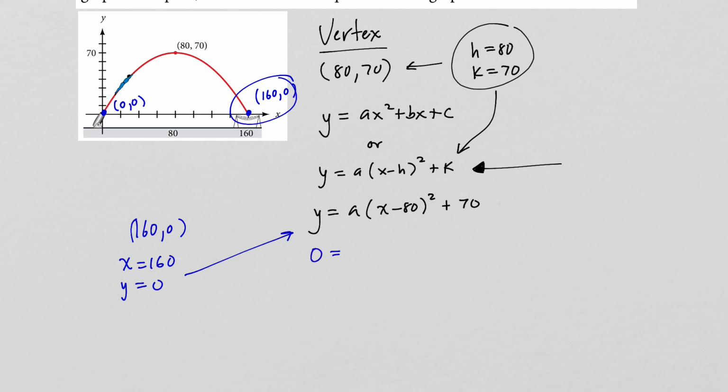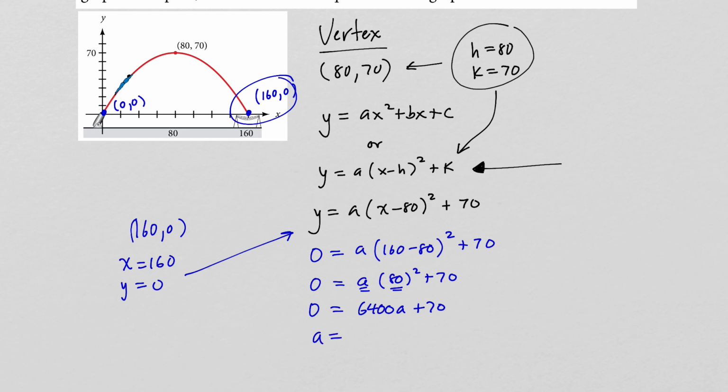That's going to give us 0 equals a times (160 minus 80) squared plus 70. And this is 0 equals a times 80 squared plus 70. 80 squared is 6,400 multiplied by a, plus 70 is equal to 0.